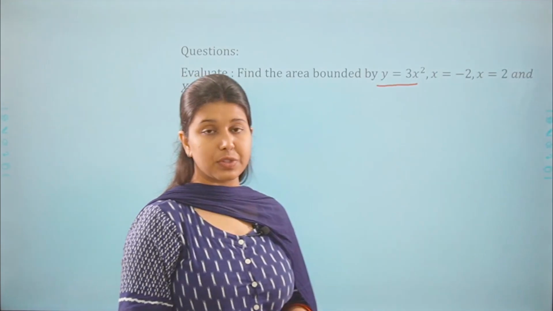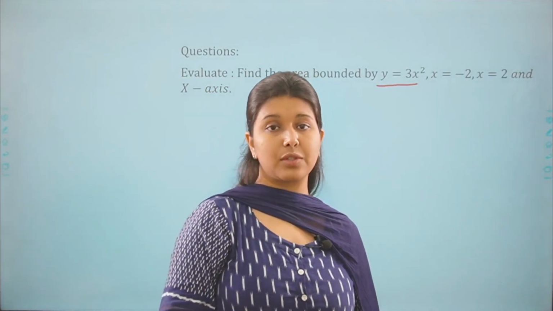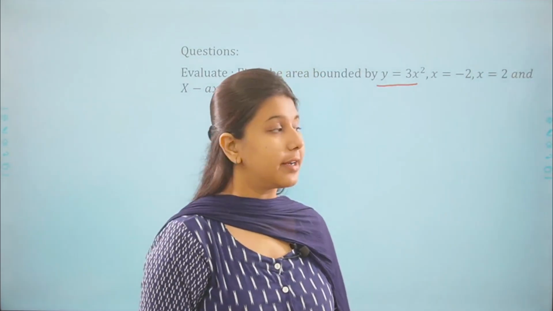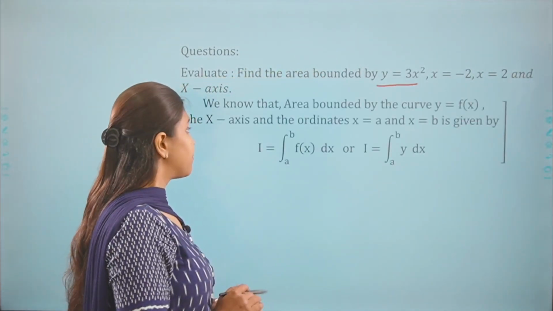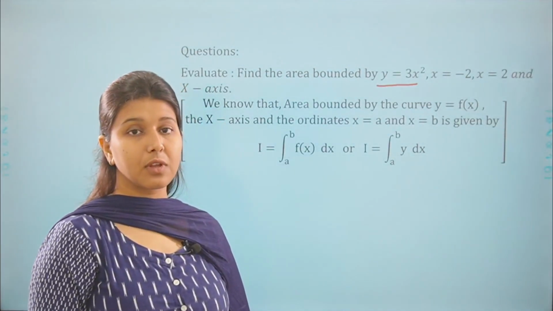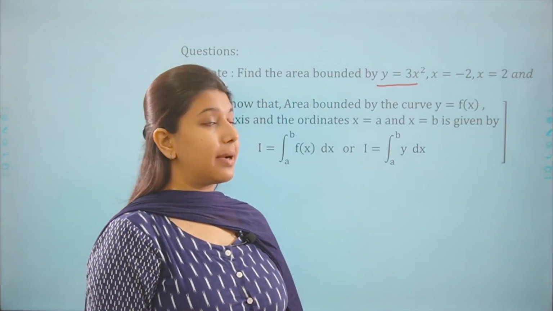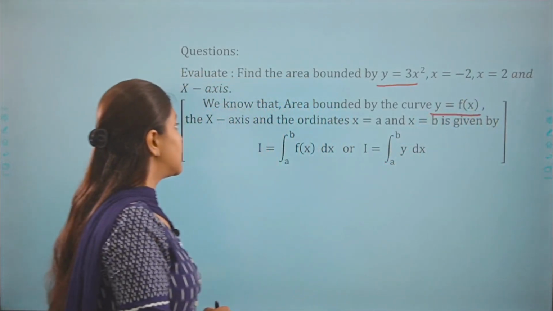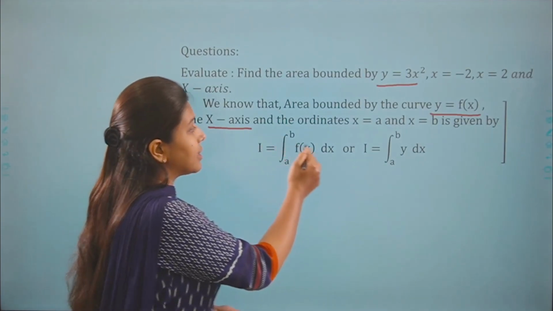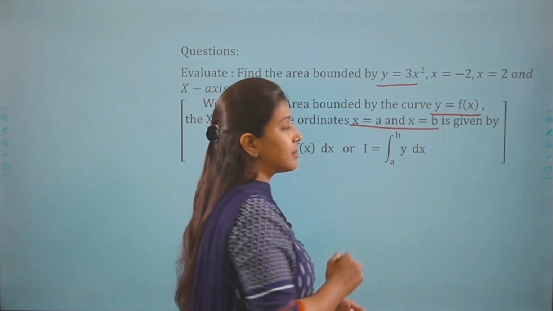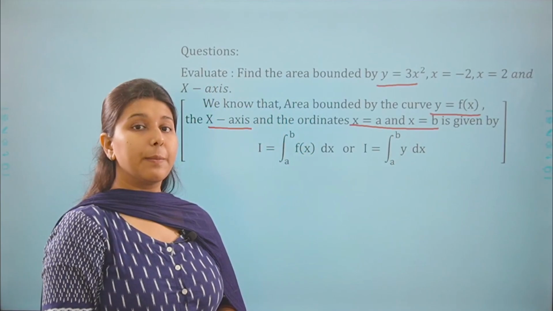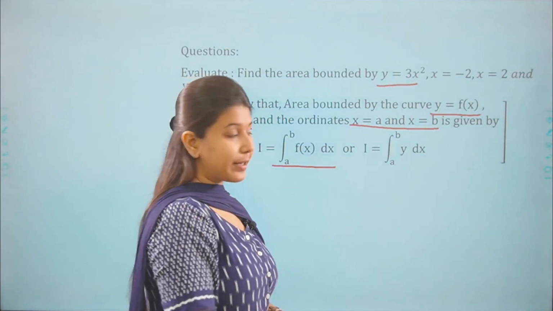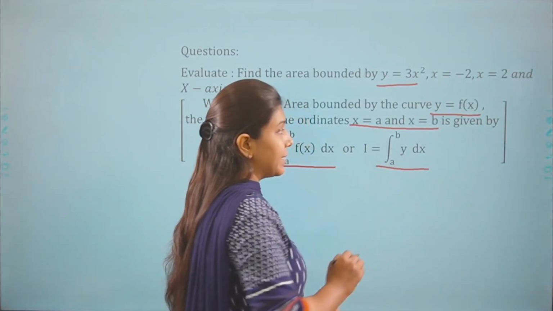To solve this question, first we need to know about the concept of area bounded by the curve. For that, we have a definition, that is, area bounded by the curve y is equals to f of x, the x-axis and the ordinates x is equals to a and x is equals to b is given by integration a to b f of x dx or integration a to b y dx.